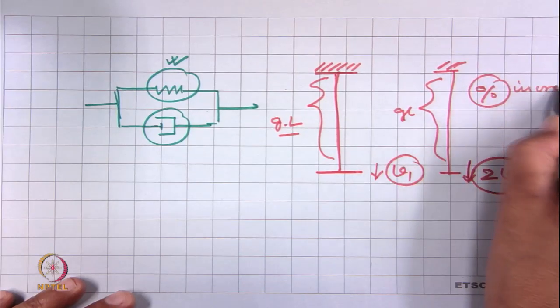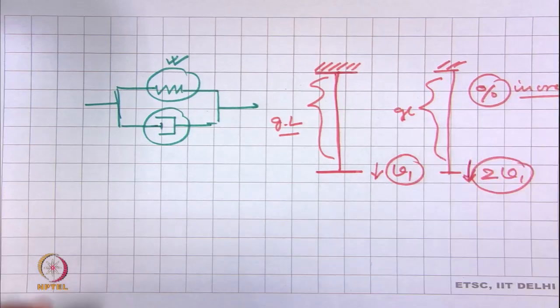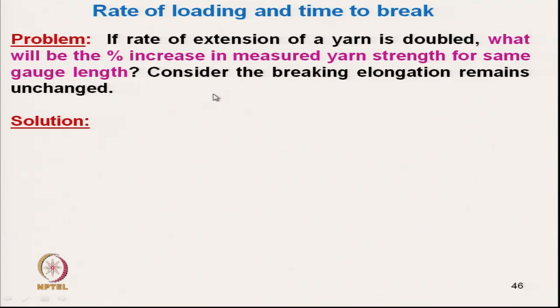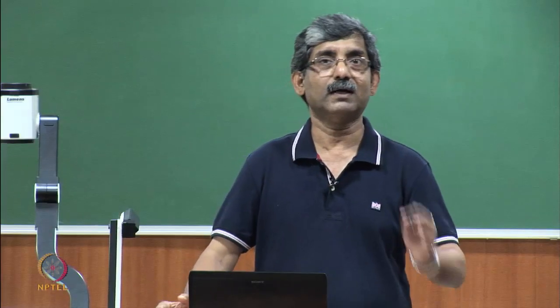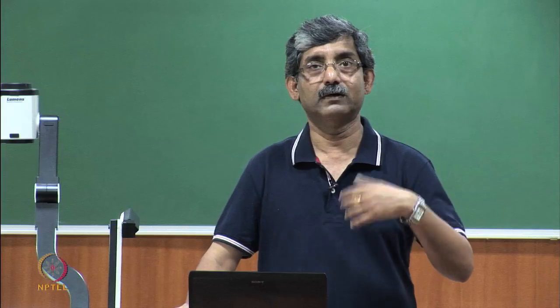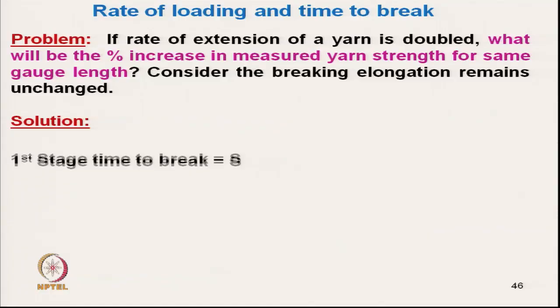Definitely it will increase the breaking strength, which we are trying to understand. The condition is that breaking elongation remains the same. We are not changing the breaking elongation, but we want to know the breaking strength.